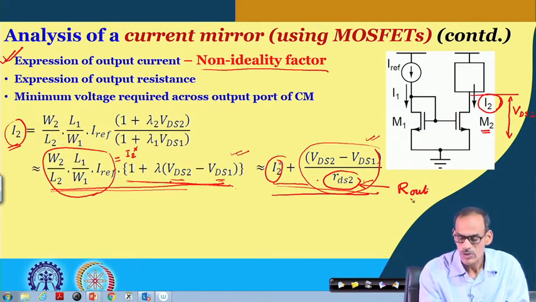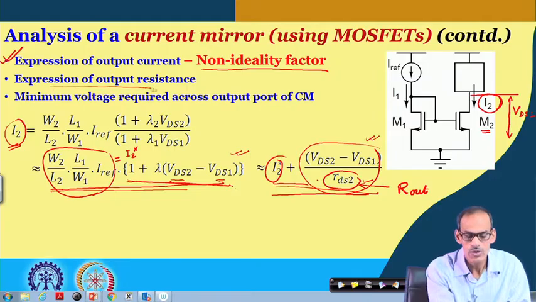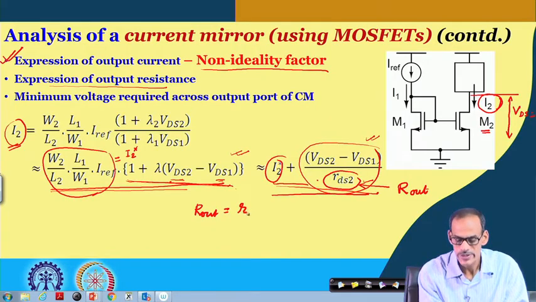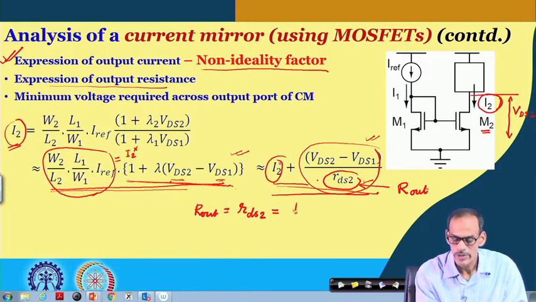So, the expression of R out of this current mirror, which incidentally is the same as RDS 2, is equal to 1 by lambda of the transistor multiplied by I 2 nominal, I 2 star.